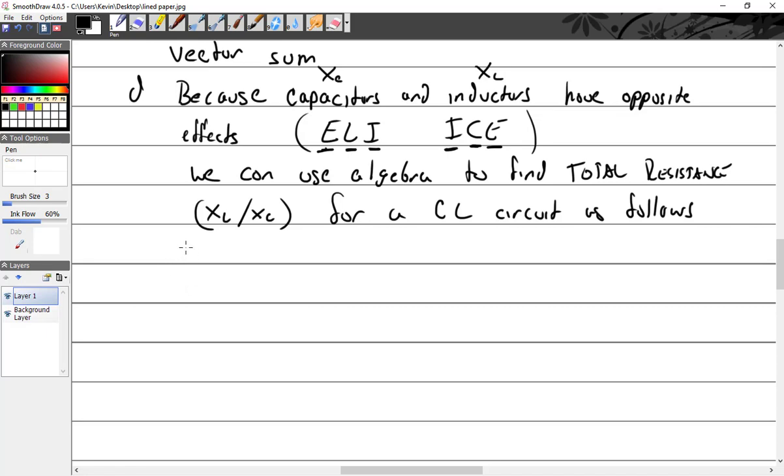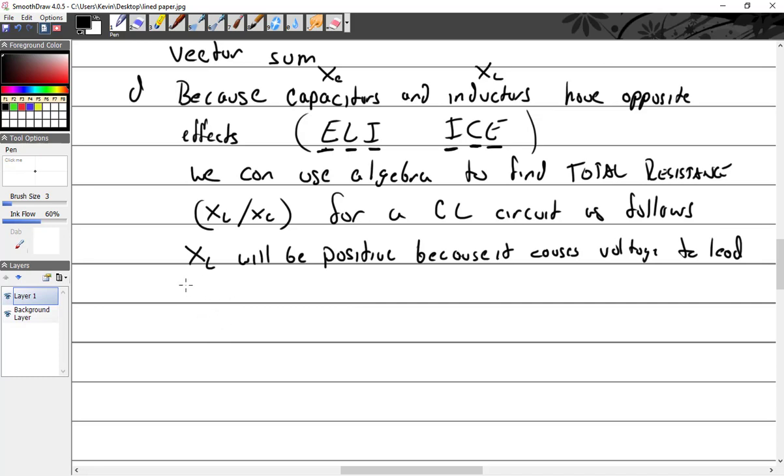Inductive reactance, so X of L will be positive, because it causes voltage to lead.